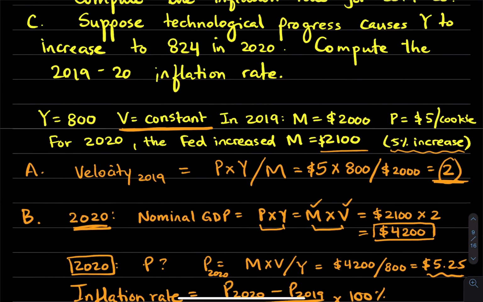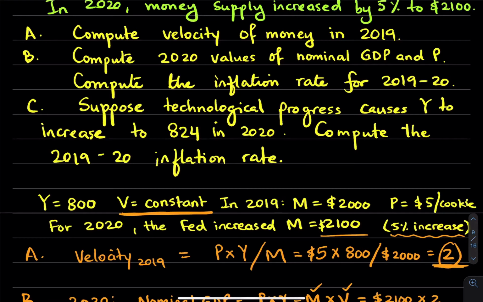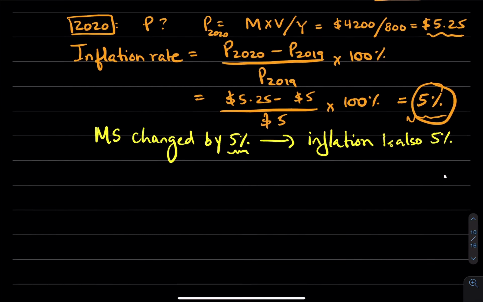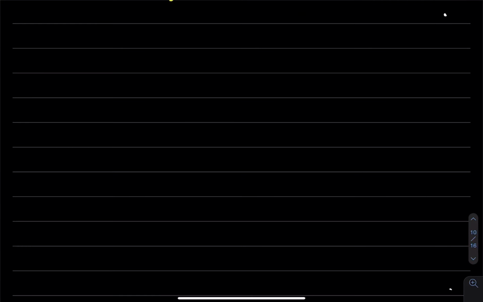Okay, now let's go to our third question, which is saying, suppose technological progress causes Y to increase to 824 in 2020, then compute the inflation rate. So again, we're given the same things.